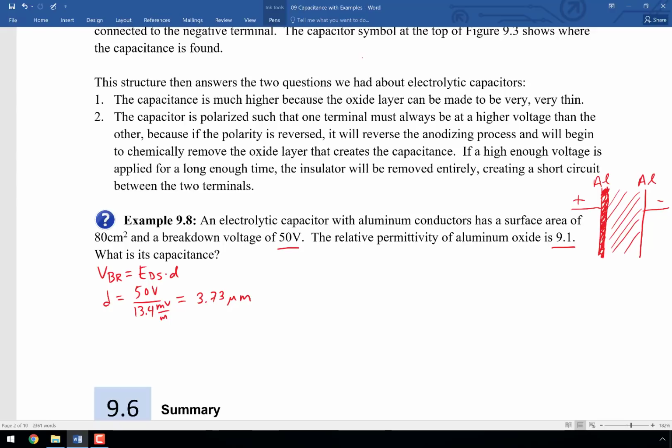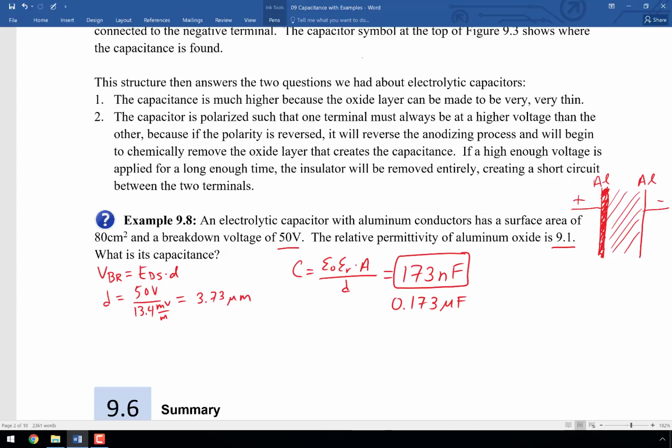So now we know the distance, and we can now plug that into our equation for capacitance. It's epsilon 0, epsilon R times A divided by D. If you plug in everything that we know for each of those quantities, we end up with 173 nanofarads, or 0.173 microfarads. We'll use engineering notation, so this one's preferable.